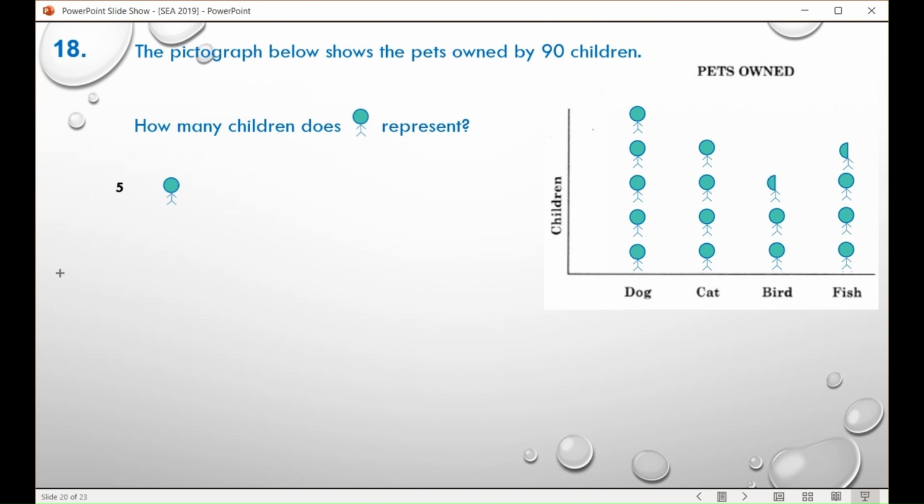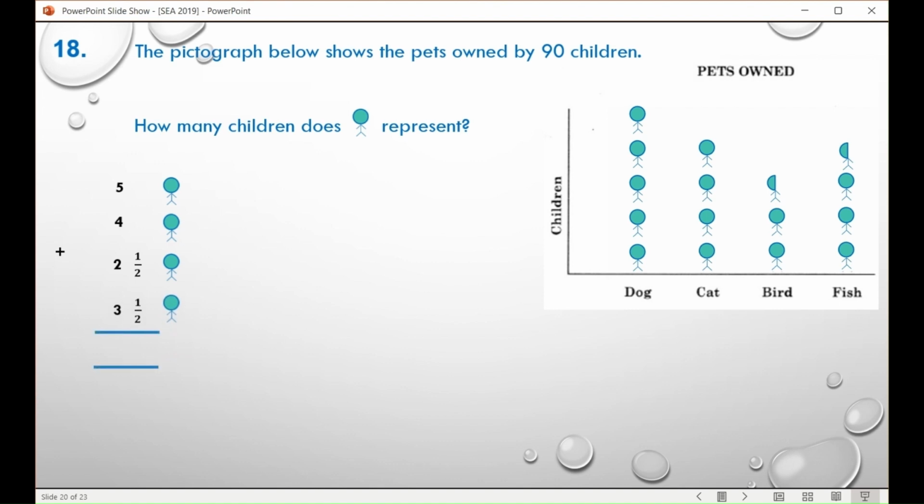And let's add up how many cats there are. 1, 2, 3, 4. So there are 4 symbols to represent how many children own cats. And similarly, let's look at the birds. 1, 2, 2.5 birds. And of course, how many fishes? 1, 2, 3, 3.5.